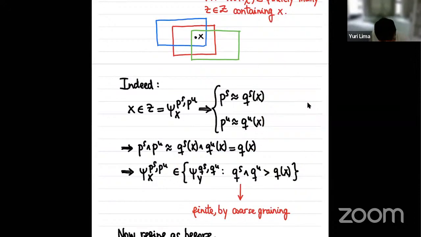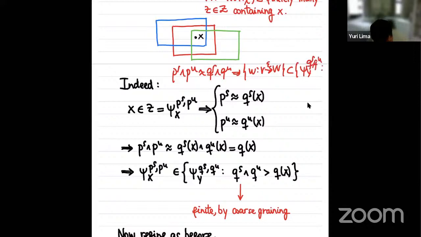So let me write again. If PS and PU is close to QS and QU, then the space of W for which you have an edge from V to W is contained in the space of double charts for which QS and QU is greater than or equal to PS and PU times a small value.